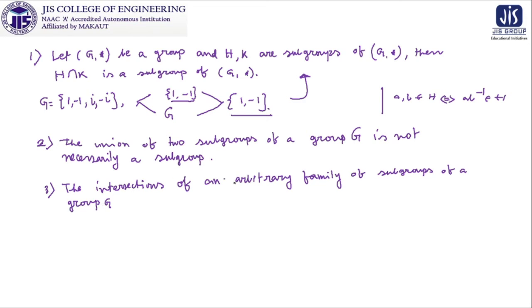The intersection of two is a subgroup, but what about the intersection of an arbitrary family of subgroups of a group G? The answer is, it is also going to be a subgroup of G. So it is a very strong result, and if you are interested, you can go for the proofs of these particular properties.